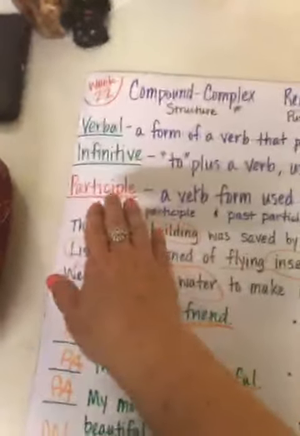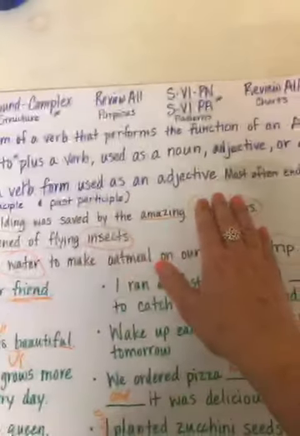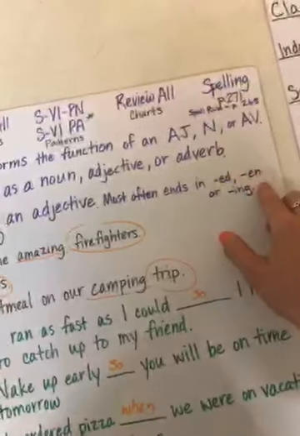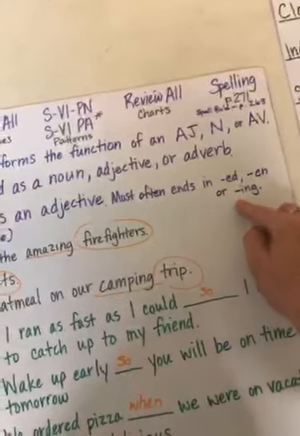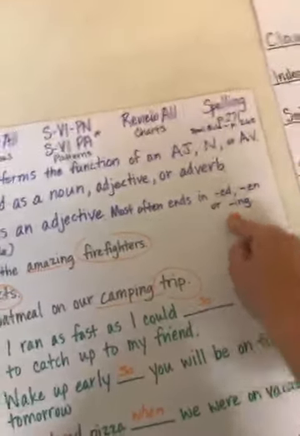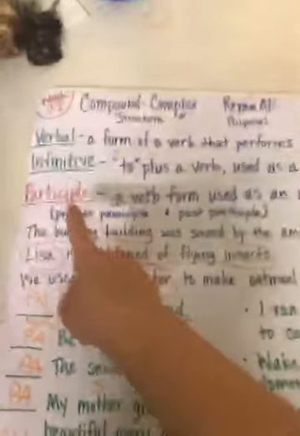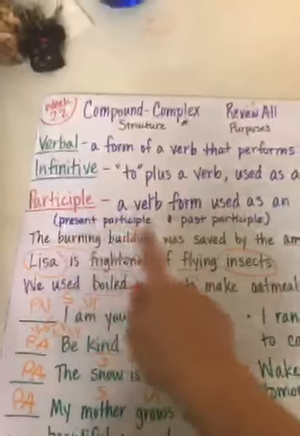This week we are learning about participles. A participle is a verb form used as an adjective. It most often ends in either ed or en if it is a past participle, or an ing if it is a present participle. So on your verb form chart, you will find participles, present and past.